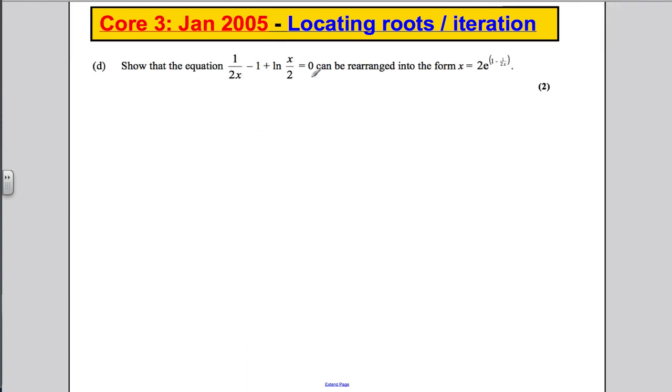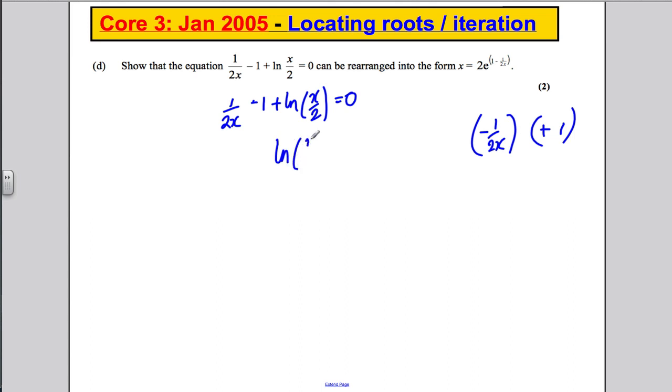And show that this equation can be rearranged into this form here. So we're trying to work with 1 over 2x subtract 1 plus ln x over 2 is equal to 0. Well, I want it in this form here, so the best option for me here is to subtract 1 over 2x from both sides and then to add 1 to both sides.